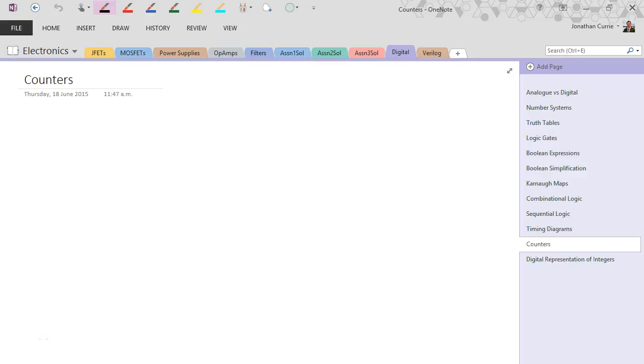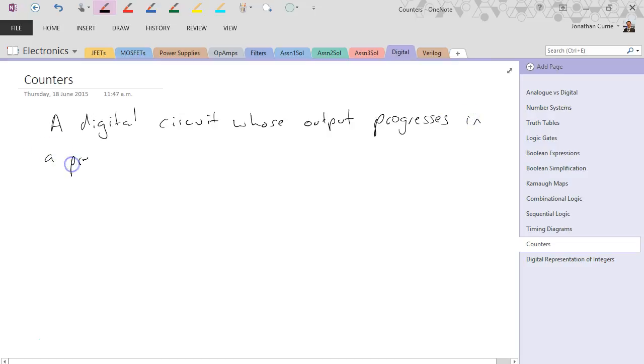In this video we're going to be having a look at digital counters. Now a counter is a digital circuit whose output progresses in a predictable, repeating pattern, as you'd expect as a counter.